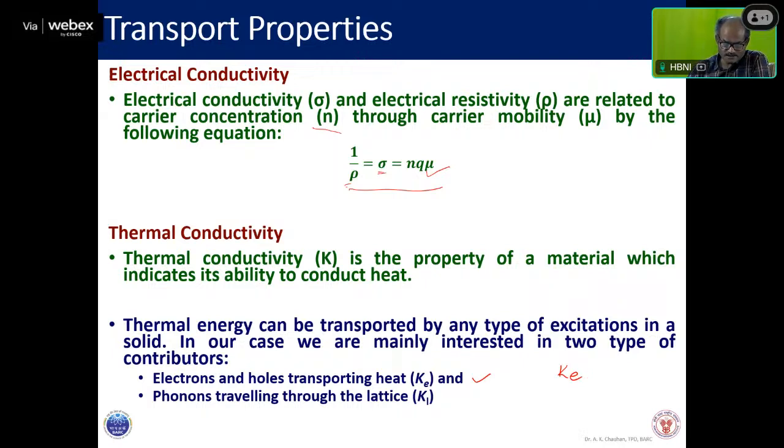And there is another contribution which is due to phonons traveling through the lattice. What are phonons? That is the lattice vibration. So now we have two contributions, Ke and Kl, and the total thermal conductivity will be Ke plus Kl.